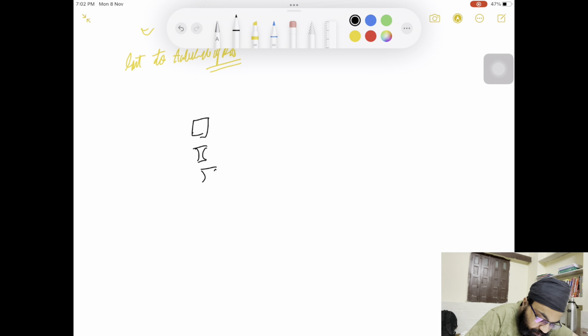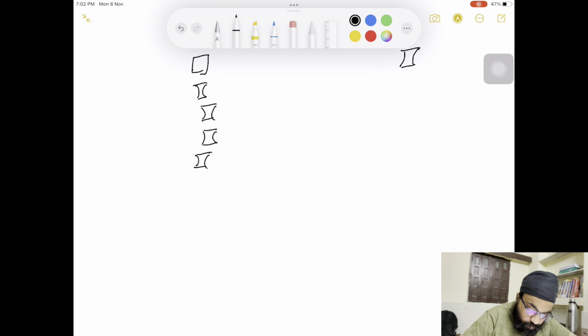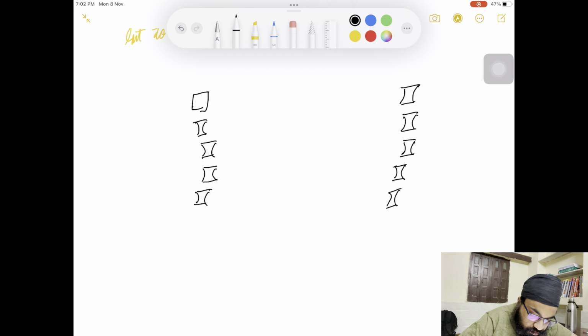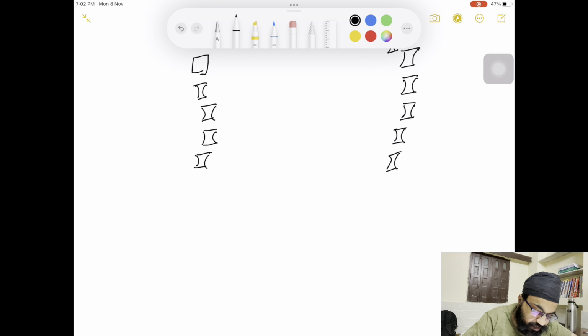So all of you know that the thoracic vertebrae are kyphotic in nature. Lumbar vertebrae are lordotic in nature. Kyphotic means they are having the curvature posteriorly, and lordotic means they are having the curvature anteriorly. So this is your rib and this is your sternum.